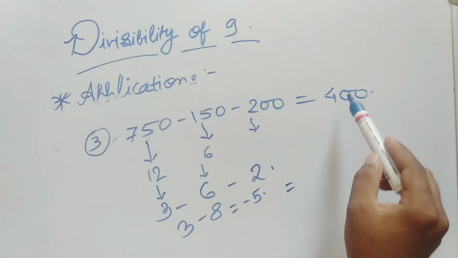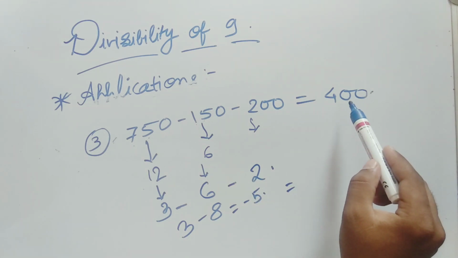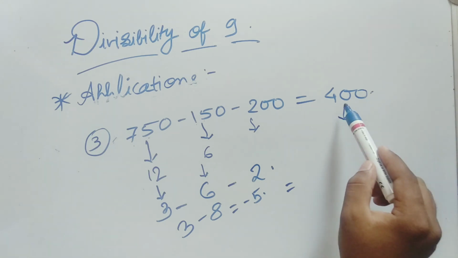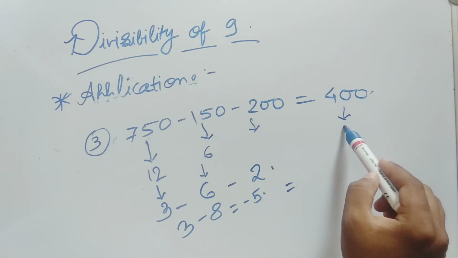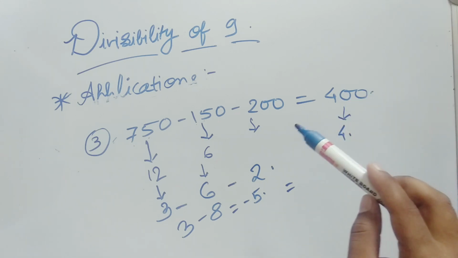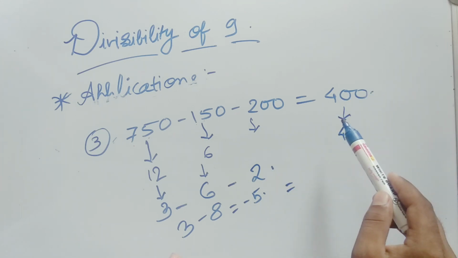Now we'll try to calculate the single digit of this solution part. So by calculating it, we get 4 plus 0 plus 0, which results in 4. But here in this case, LHS is not equal to RHS.